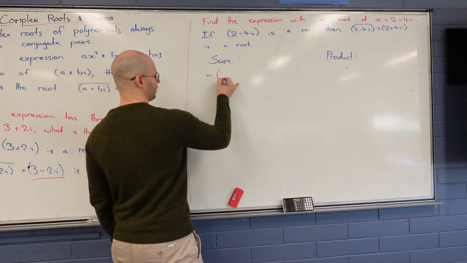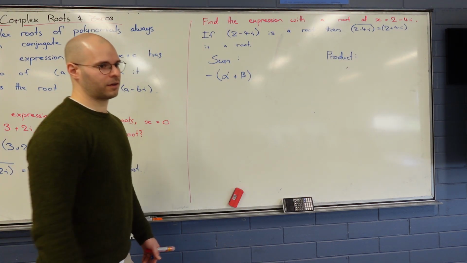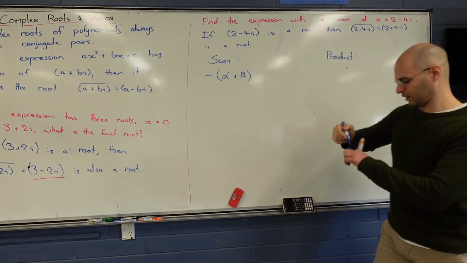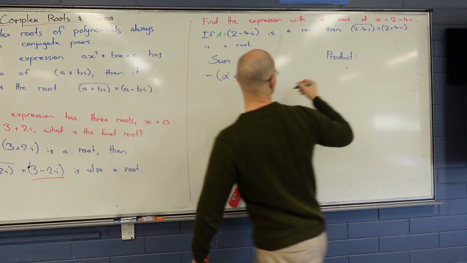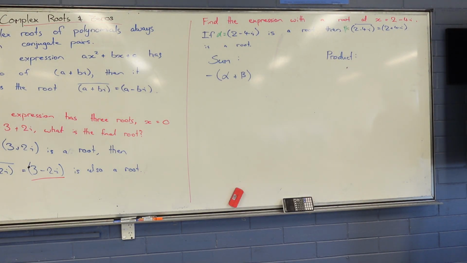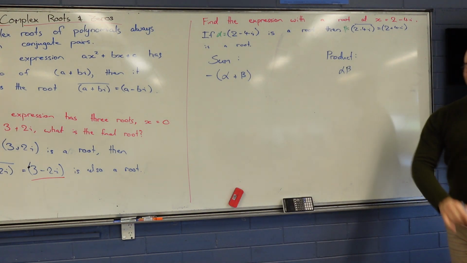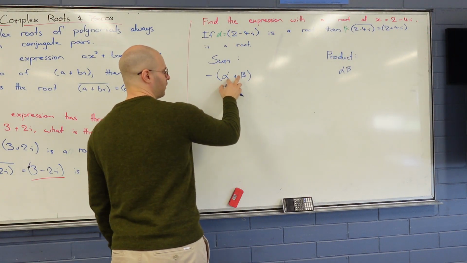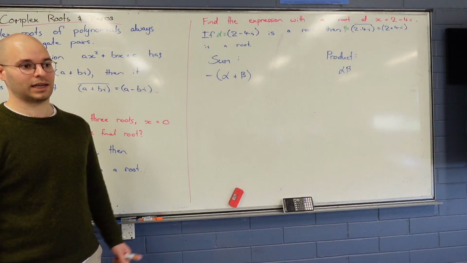The sum can be written as negative alpha plus beta, where alpha and beta are the two roots. Your product is going to be alpha times beta. In the book, it says the sum is alpha plus beta. It doesn't put the negative there. I'll explain after if you want to know why I do that.